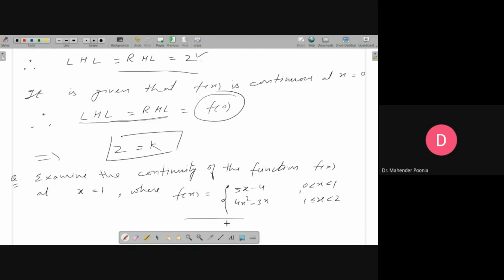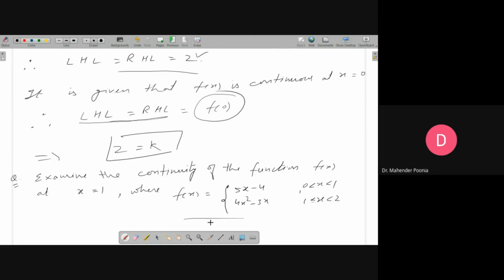The function is given that when the value of the variable x lies between 0 and 1, that means x is greater than 0 and less than 1, the value of the function is 5x minus 4. And when x is greater than or equal to 1 and less than 2, the value of the function is 4x square minus 3x. Our target is to examine whether the function is continuous or discontinuous.